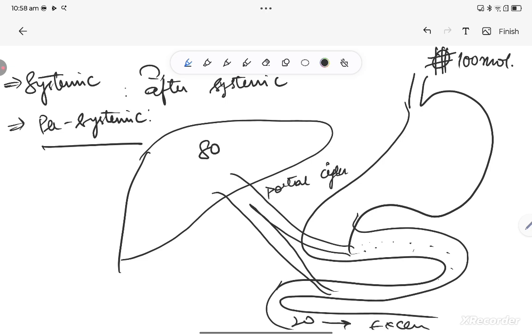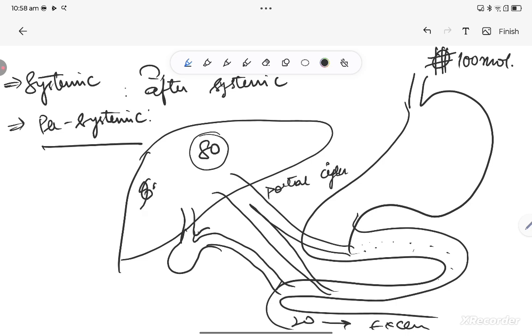Now, of this 80, the main function of liver is to metabolize foreign bodies. Usually, all our medications are foreign objects. So, of these 80 molecules, whatever have reached your liver gets metabolized, and let us say our liver has metabolized around 20 molecules, and 60 molecules through inferior vena cava reach systemic circulation.